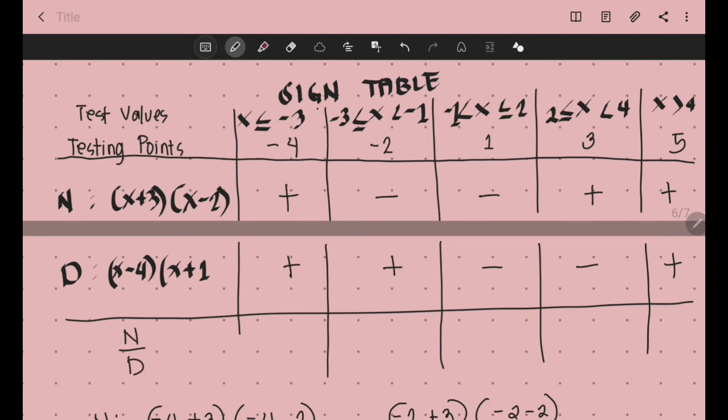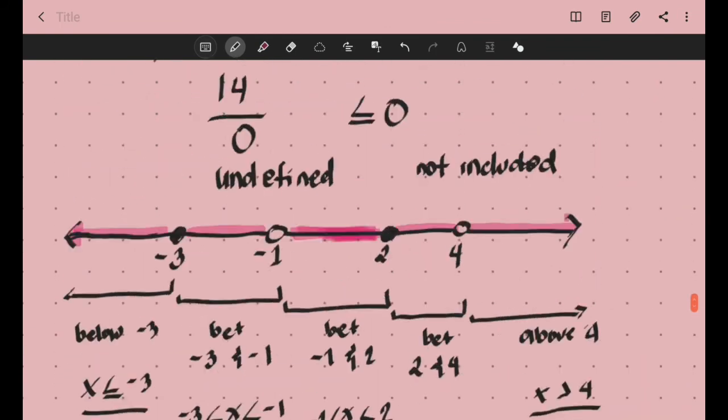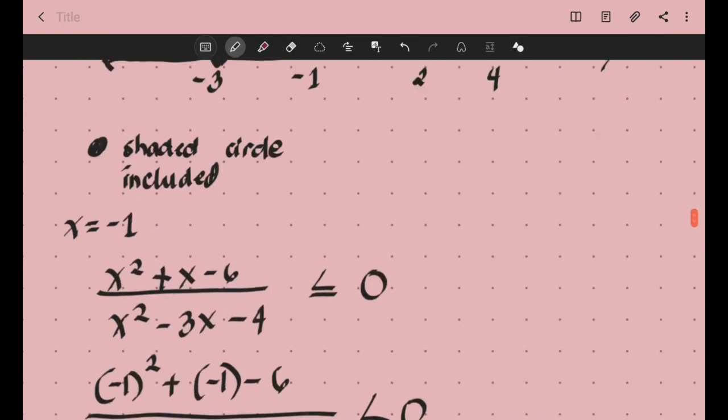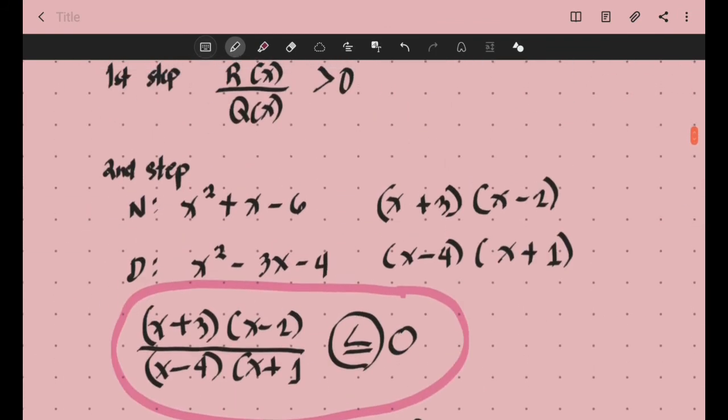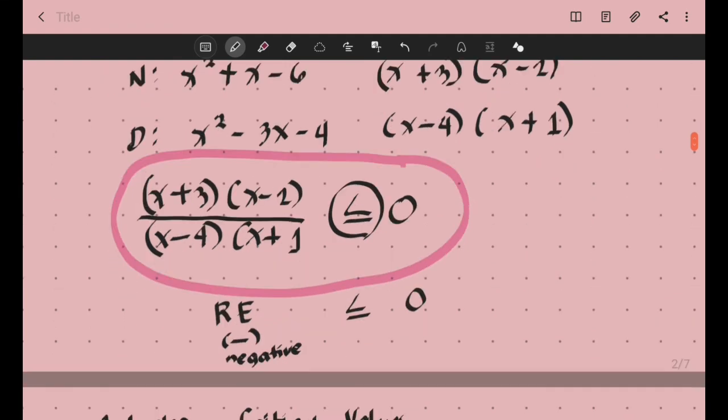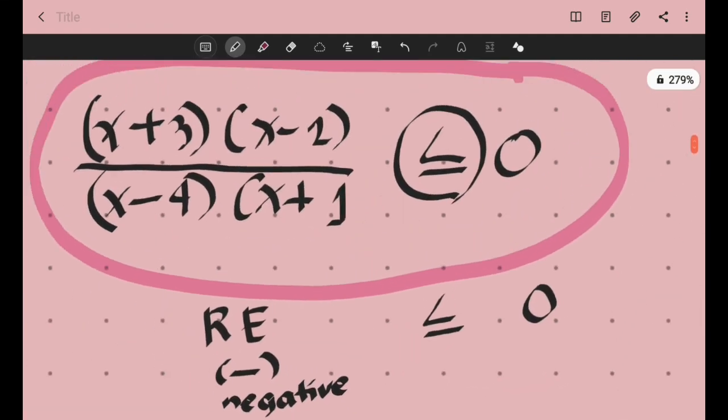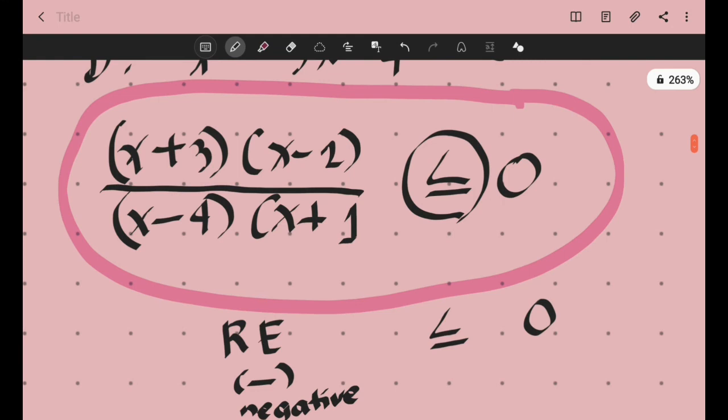And ang hinahanap natin kanina ay negative. Okay, saan natin nakita yon? Sa step 2. Ang hinahanap natin ay negative dahil ang ginamit nating inequality symbol sa original rational inequality ay less than or equal to 0.